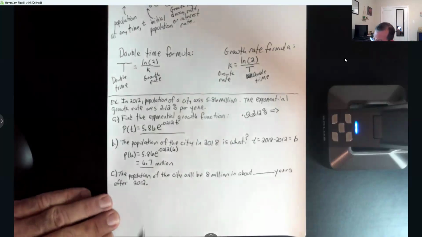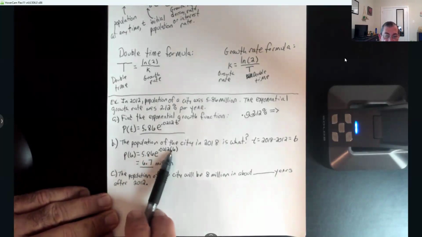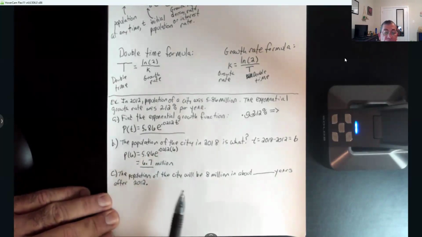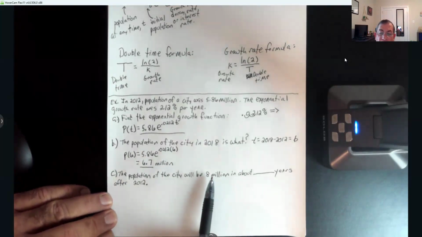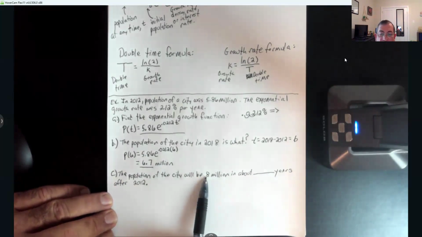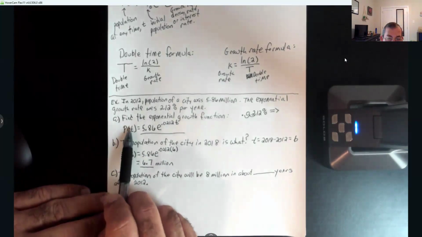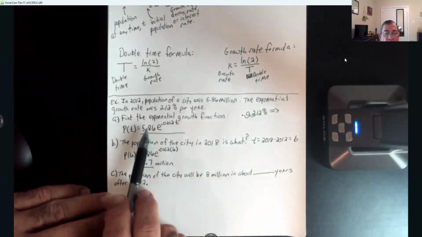So notice the difference. Here, they gave me the number of years. I found the population. Here, they're telling me the ending population, and I'm looking for the amount of years on this one. So this 8 million will be our P of T. It's going to be the ending amount because we're still starting with the 5.86, okay?